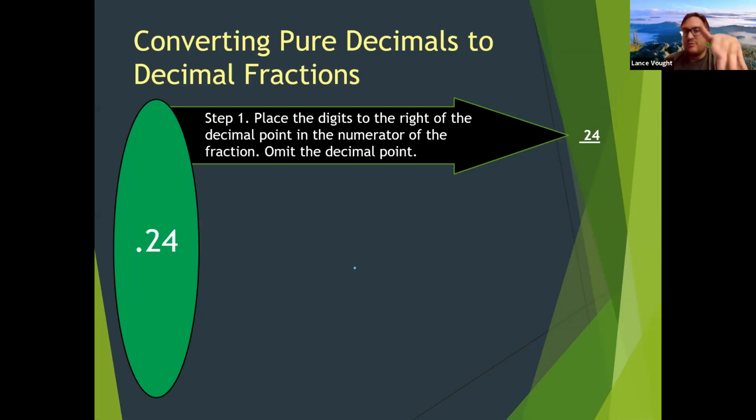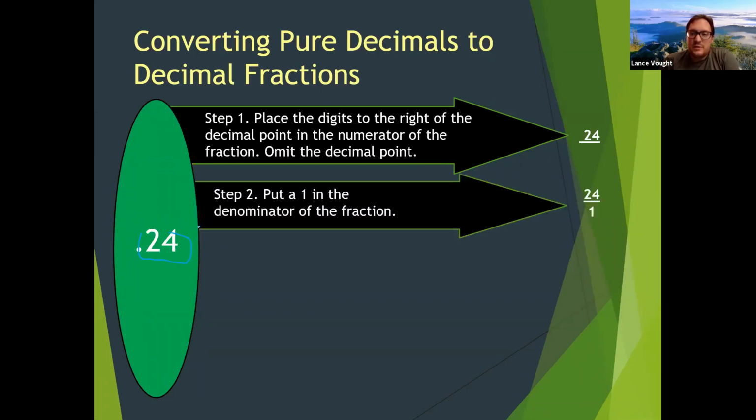So the number of places will indicate the denominator. We already know it's going to be less than 1, so it's going to be a proper fraction. The numerator is just whatever the number is. So in this case, the number is 24, so 24 goes on top. Since we have 2 places, it's going to be 100.